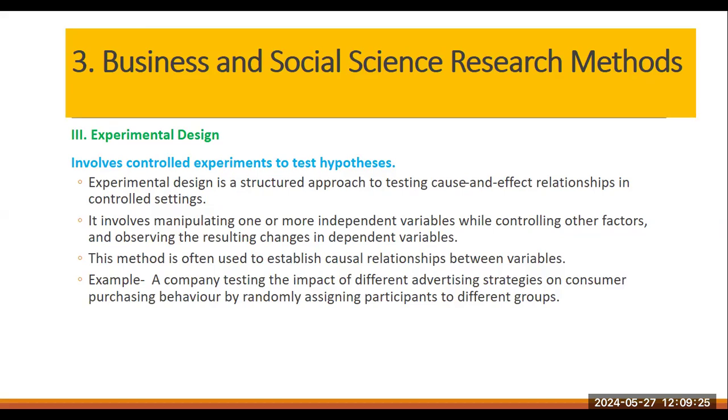Variables means the changing items. Normally in marketing, a simple example: service quality may vary from person to person, from customer to customer. The service quality they receive may vary.